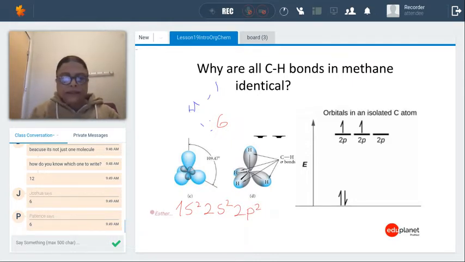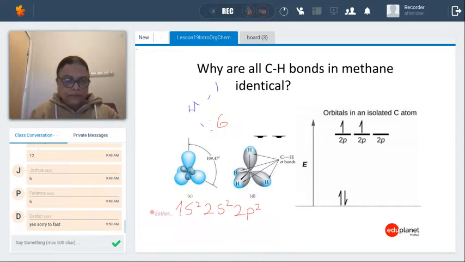Okay, do you understand the difference between atomic number and atomic mass, Dastan? Yeah, don't be too fast, because too fast, you don't think properly, you make this kind of mistakes, okay? So 2, 2, 2. So we have the valence shell. The valence electrons are 4. All righty, so we have the 2s2 and 2p2.